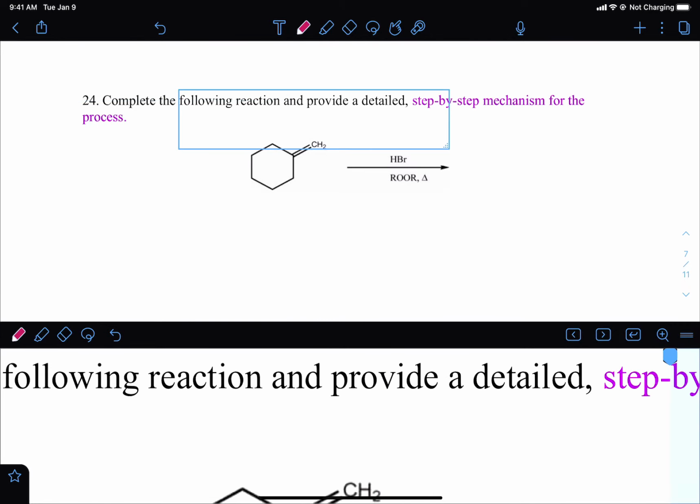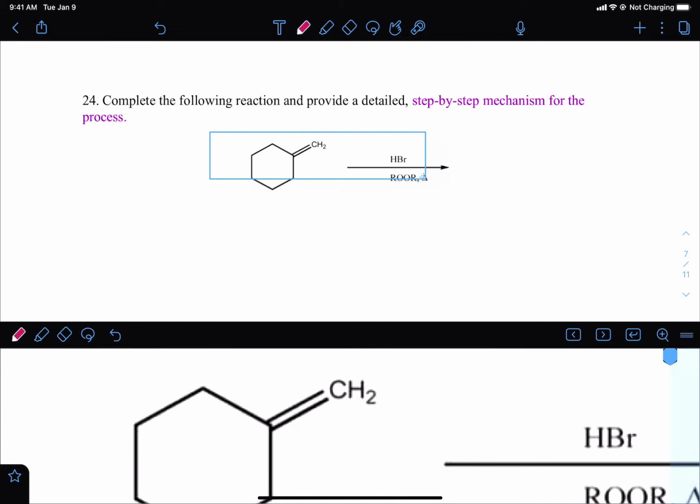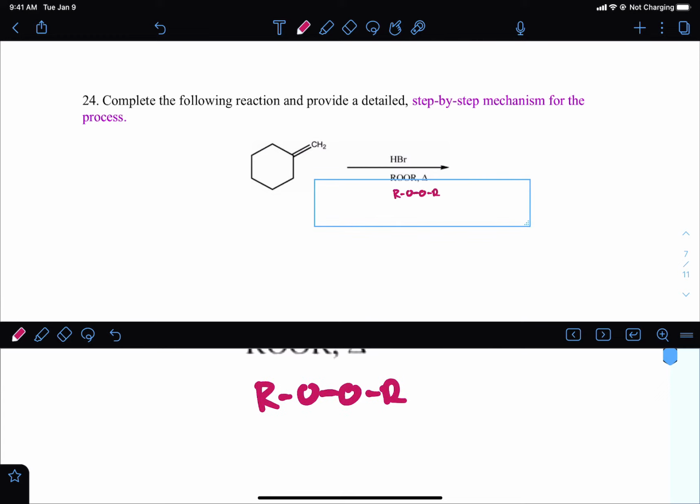An alkene reacting with HBr, and this ROOR. This is a peroxide, this OO bond is a peroxide.